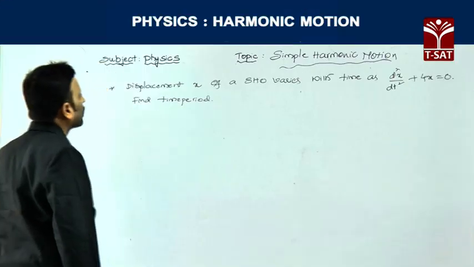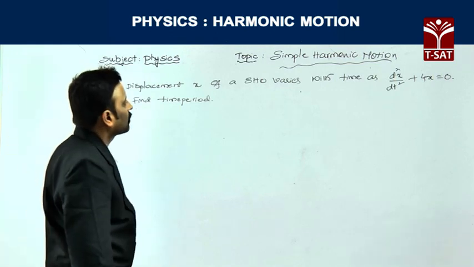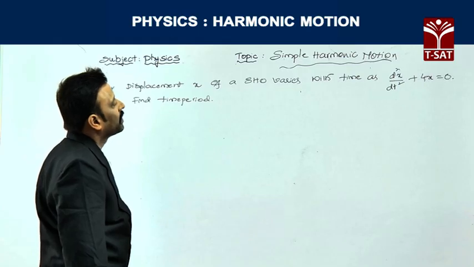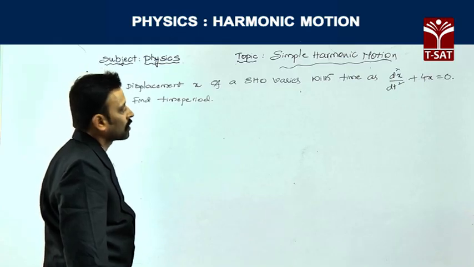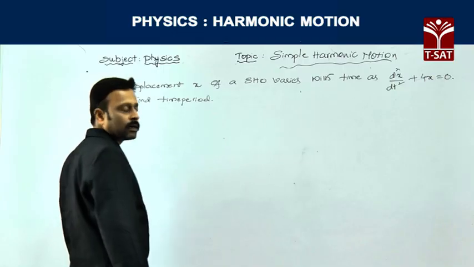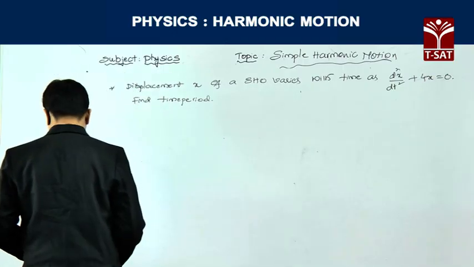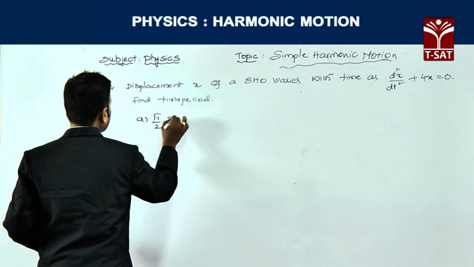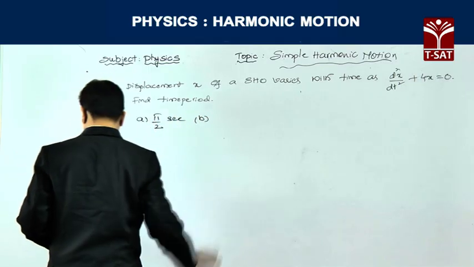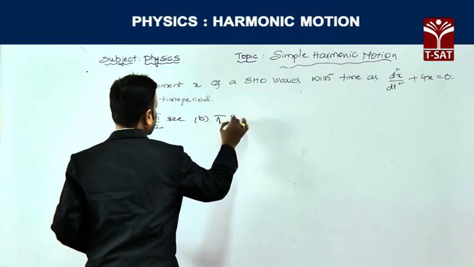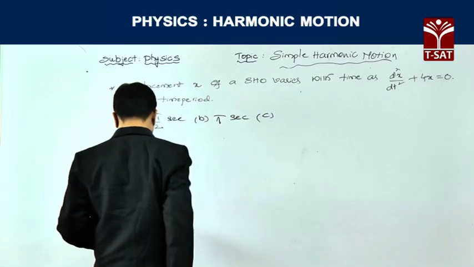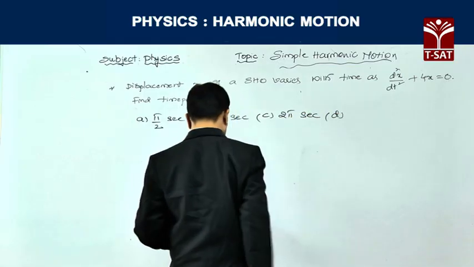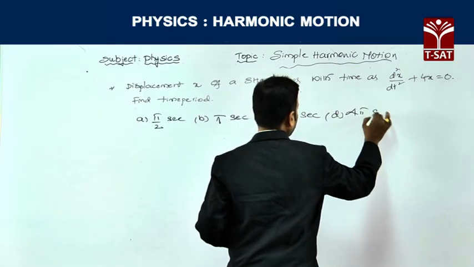The displacement x of a simple harmonic oscillator varies with time as a function as d square x by dt square plus 4x is equal to 0. You are asked to calculate time period. Here the given options are, first one pi by 2 seconds, the second one pi seconds, third one 2 pi seconds, and the last one 4 pi seconds.